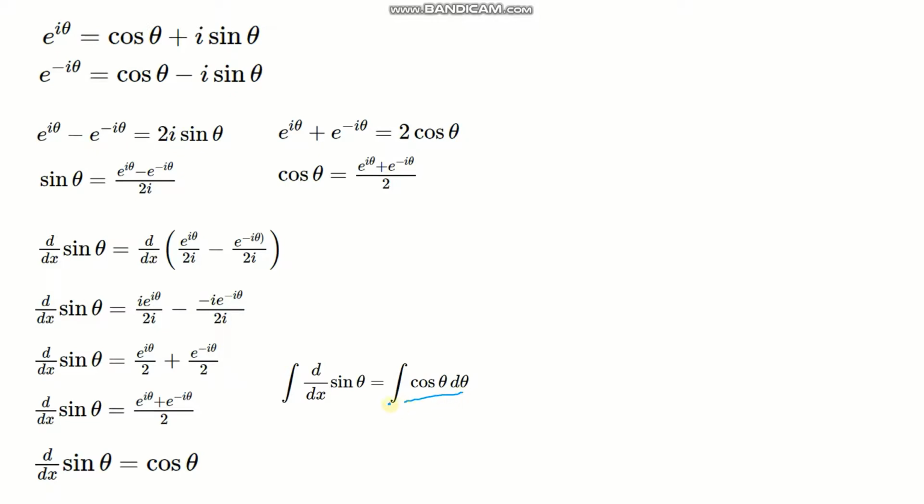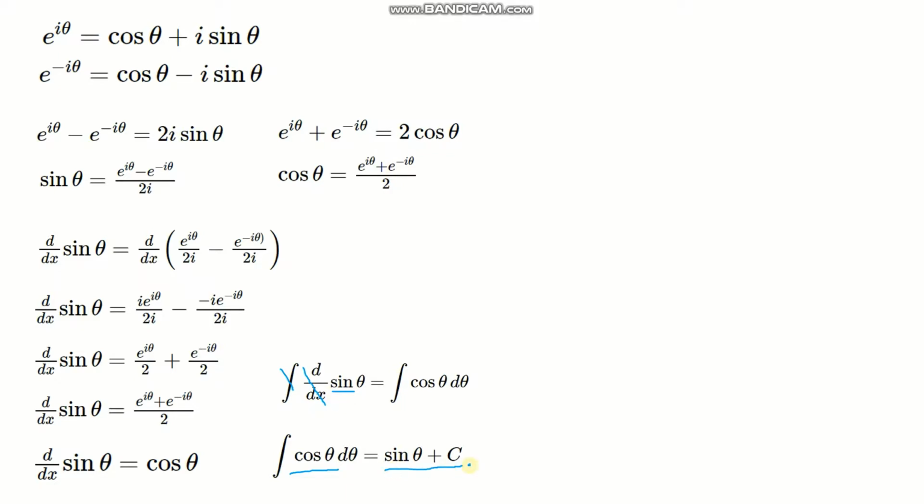So we have the integral of the derivative of sine theta equals the integral of cosine theta d theta. So the integral of cosine theta is what we are looking for. Transferring the integral of cosine theta d theta to the left hand side, the integral and the derivative nicely cancel, so the right hand side becomes sine theta plus c.